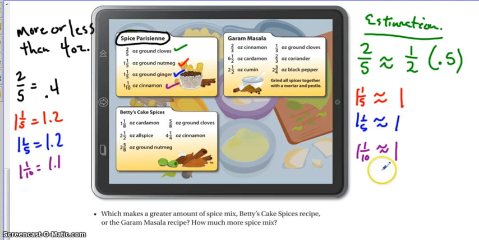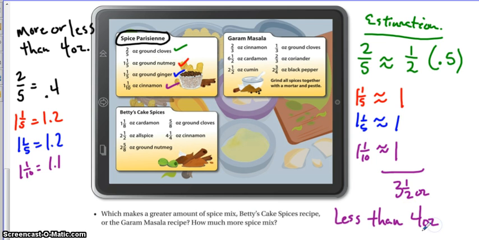Okay, so if I add that up, it's going to be 3.5 ounces. But I really need to look at this. I rounded things down. We have 1/5 plus 1/5 plus 1/10 here, and we rounded this up. So is she going to use more or less? She's probably going to use a little less. So we could say that she's going to use less than 4 ounces. Now, I want to double check my work to make sure that I am correct.